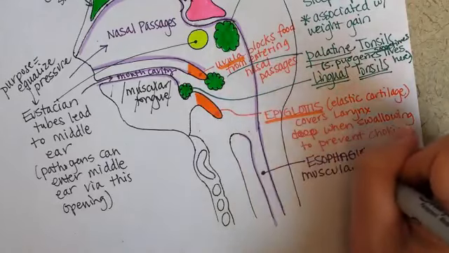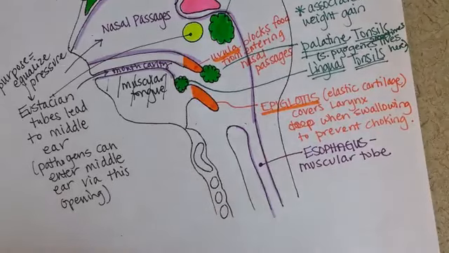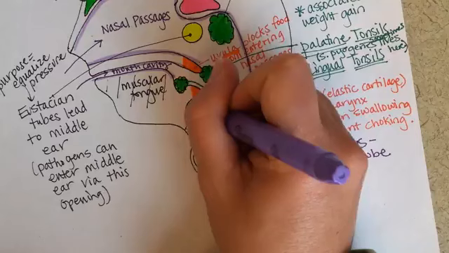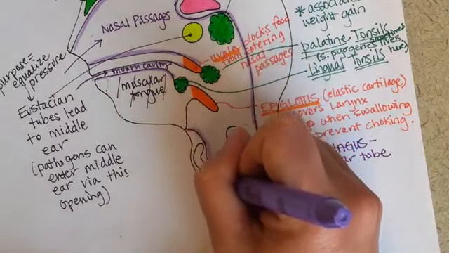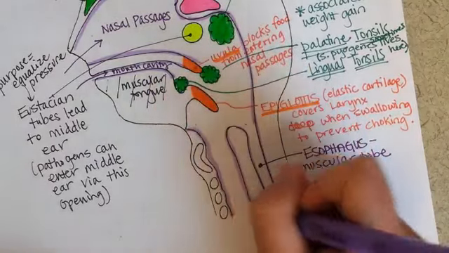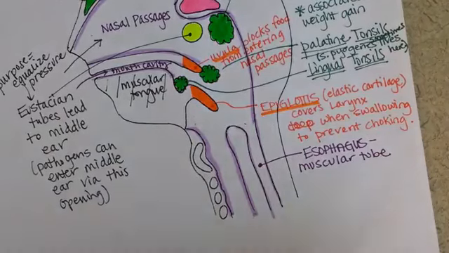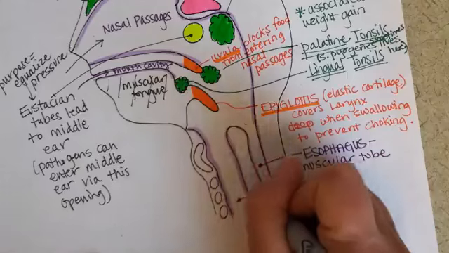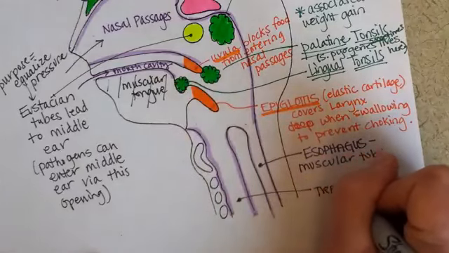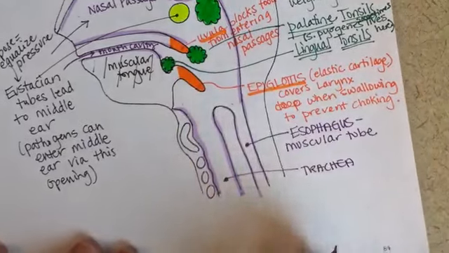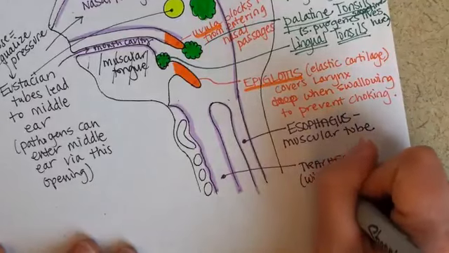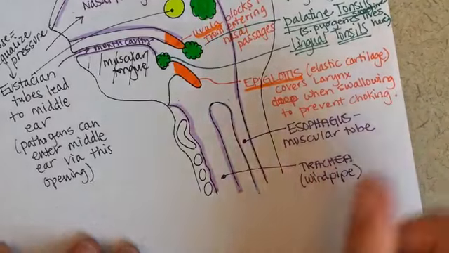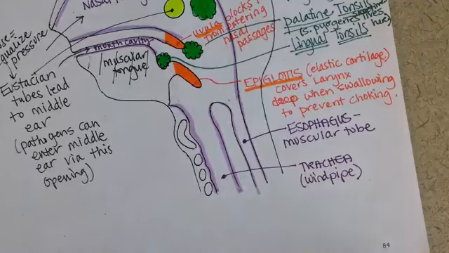And notice it's at the back, and then the tube opening in the front is the trachea, also known as the windpipe. And it's protected by hyaline cartilage.